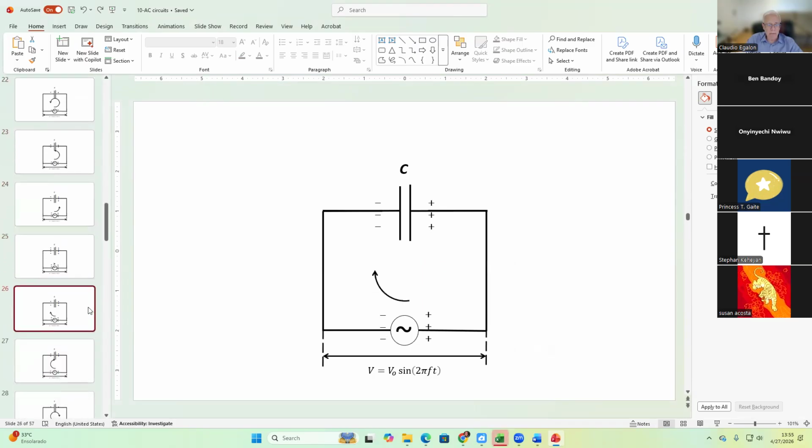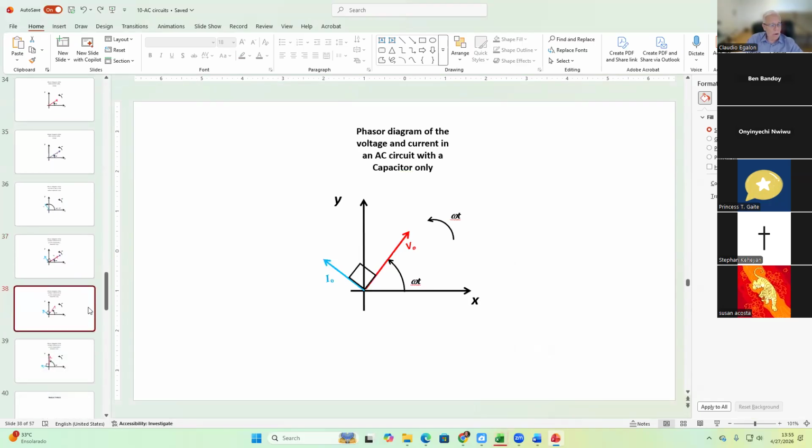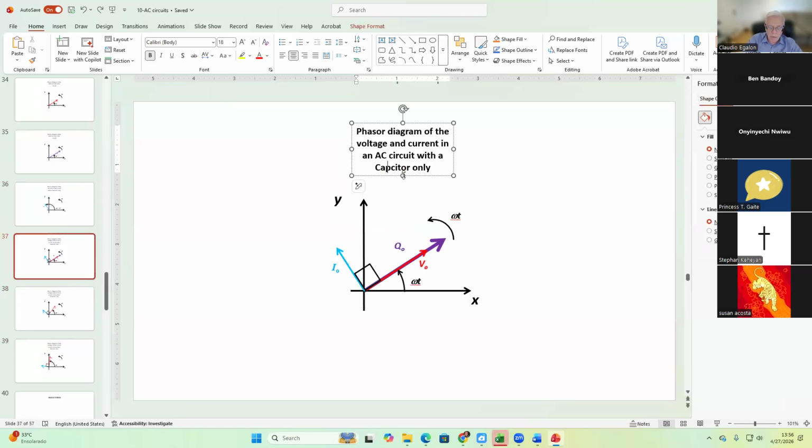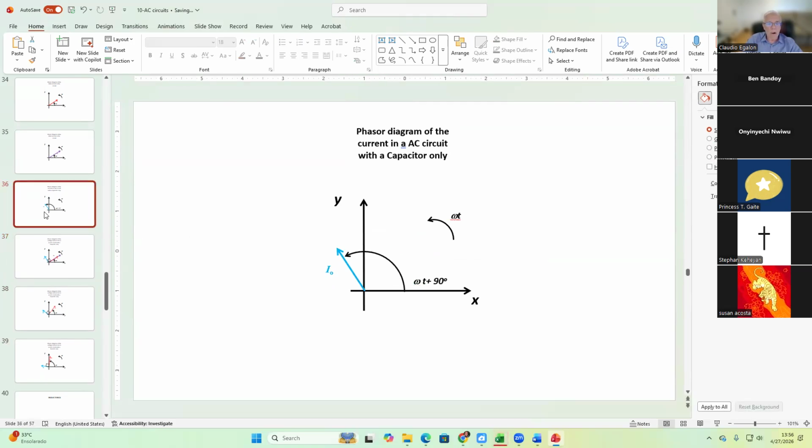That's the capacitance. I showed you the phasor diagram for the capacitor, for this AC circuit with a capacitor. Do you see how it looks? Phasor diagram of the voltage and current in an AC circuit with a capacitor. Let me correct that. Oh yeah, I am rotating it.